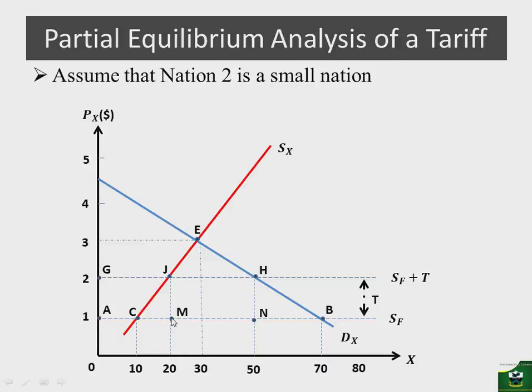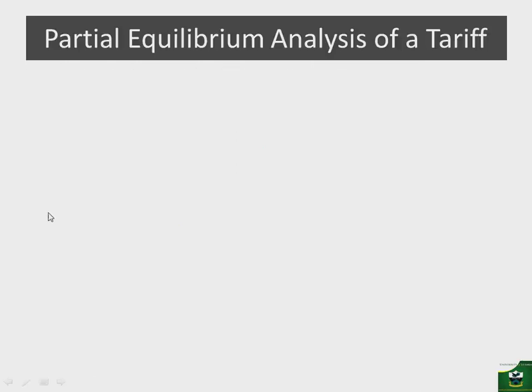And then the total amounts consumed, or rather from the import, is the gap from 20 to 50, which is 30. So if you calculate the area of this, you find that the import of 30 times the tariff imposed of $1 will give you the revenue effect of 30, meaning the government will collect $30 from this transaction.